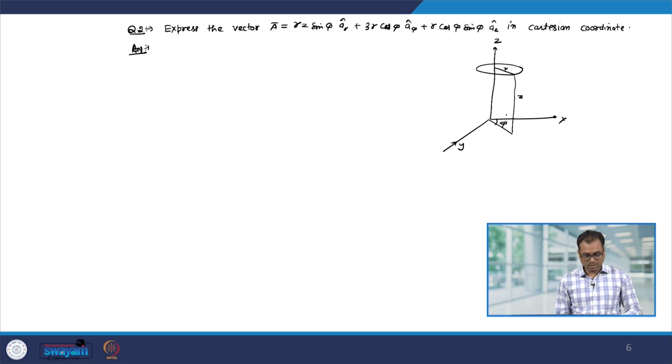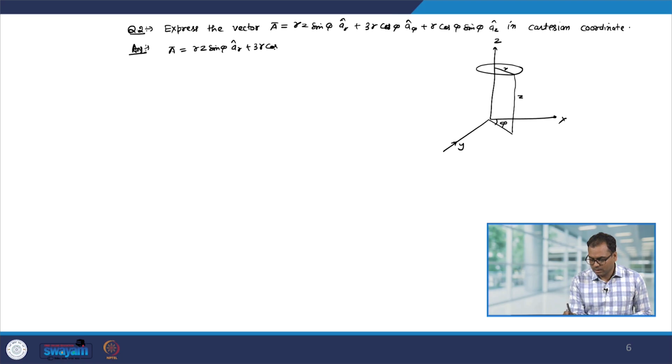So, this is your phi. So, vector A is given as rz sin phi a r cap plus 3r cos phi a phi cap plus r cos phi sin phi a z cap.